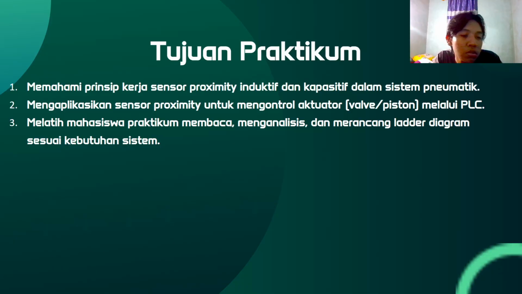Two, we should know how to apply proximity sensors to control an actuator like a valve or piston with a PLC. And third, this practical lets us learn about the analysis and making of a ladder diagram for the system.